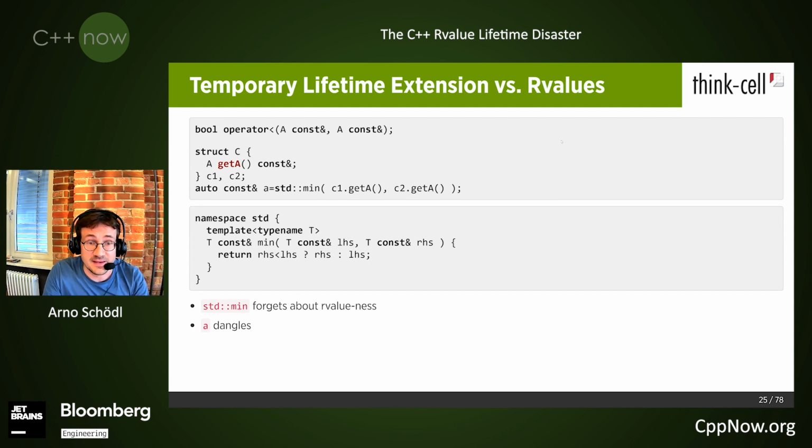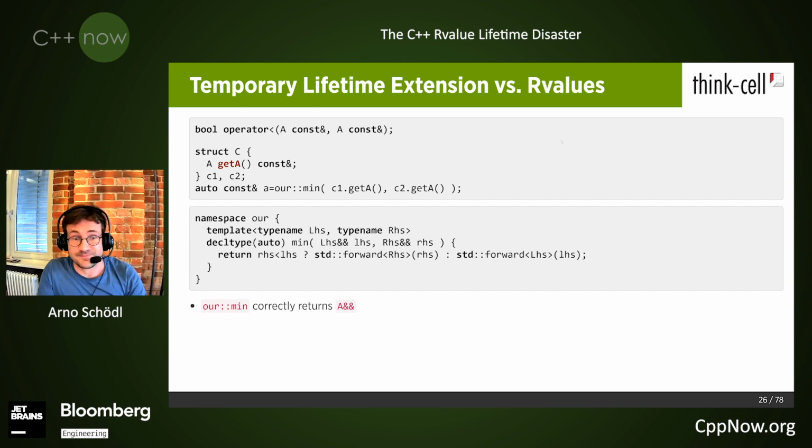So the value returned by getA gets bound to this const reference left-hand side and right-hand side, LHS, RHS, and one of them gets returned. And then the auto const ref obviously doesn't know anymore that this is something special, that this is a value that's being returned, and it doesn't do any lifetime extension. So then you get a dangling A, which is bad.